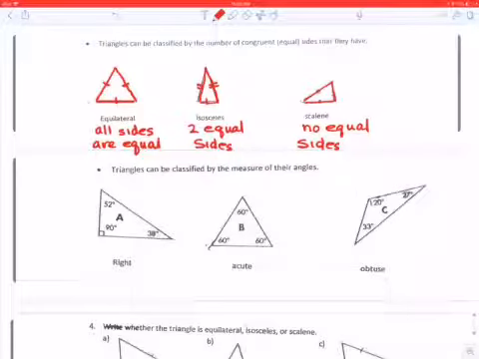We can also classify our triangle by the measure of their angles. So if it has one 90-degree angle or one right angle, we'd say it's a right triangle.